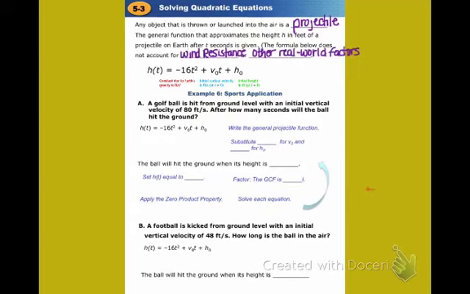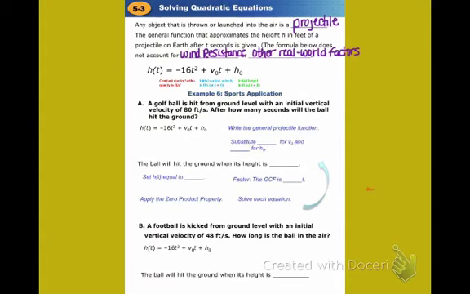So the formula says that the path of a projectile near the surface of the Earth can be approximated using this formula, again not accounting for wind resistance or other real-world factors: h of t, height, and t is time. So h of t is equal to -16 t squared plus v sub 0 t plus h sub 0.